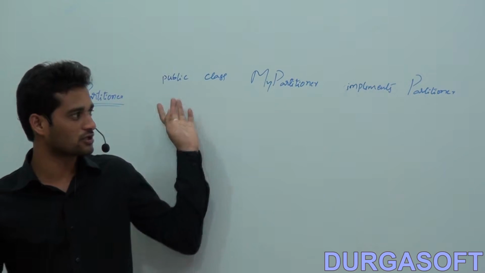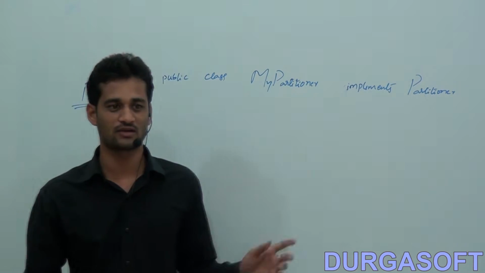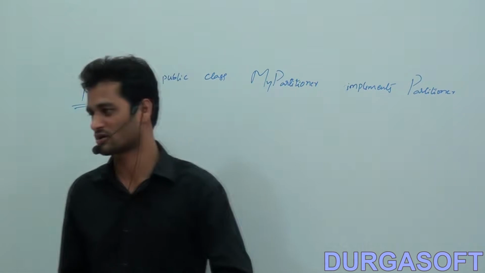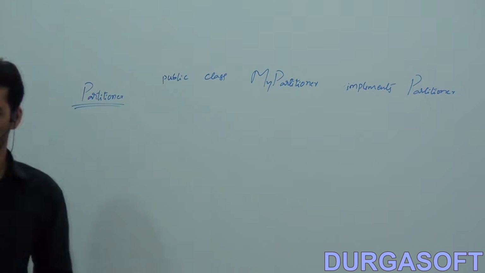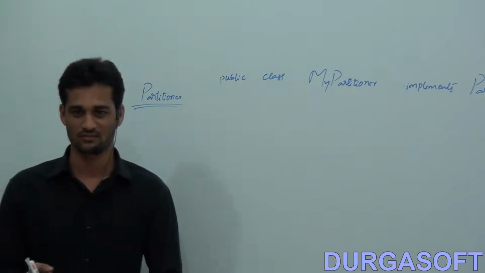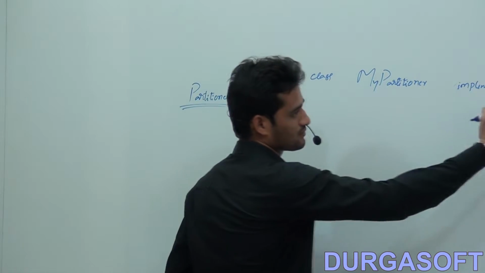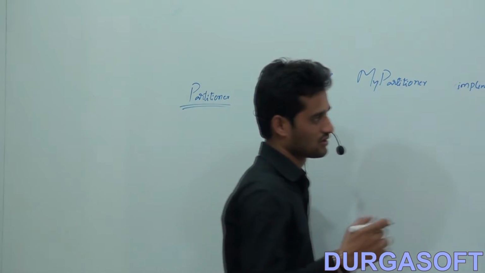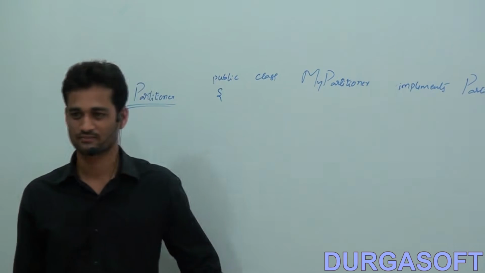When we implement the mapper interface, our class becomes a mapper class. If we implement the reducer, it becomes a reducer class. If we implement the partitioner, our class becomes a partitioner class. It is the same terminology; the only difference is the interface names. Now, as you have implemented the partitioner interface, one more thing: the partitioner also expects 2 generic type parameters.